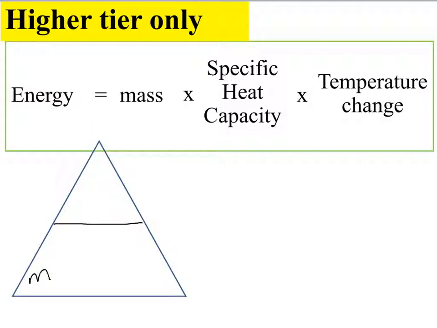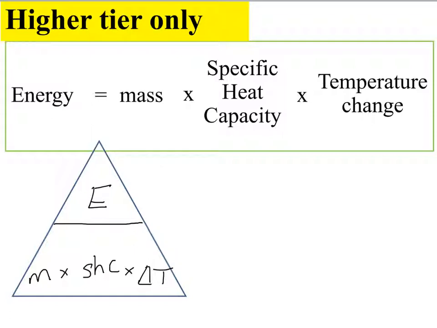So we're going to have our mass, our specific heat capacity, and our change in temperature. I've got my triangle there again to say change in at the bottom. Okay. That leaves us with energy, and that's going to be written at the top of our triangle here.